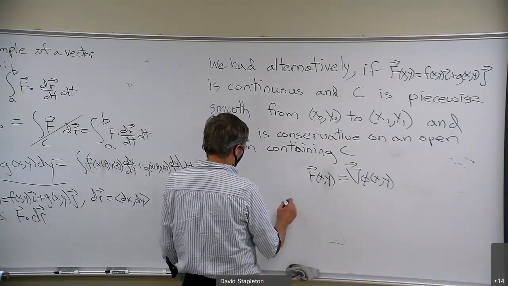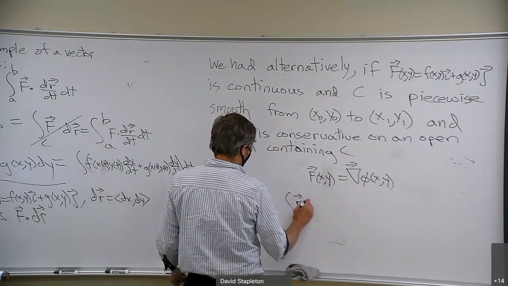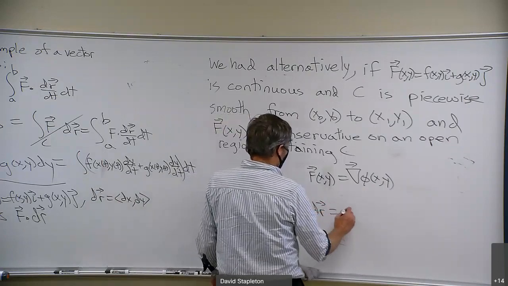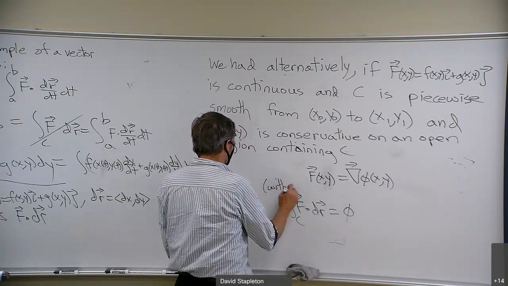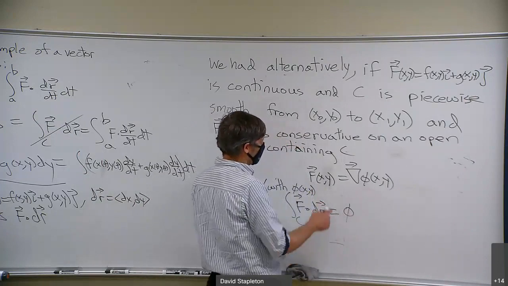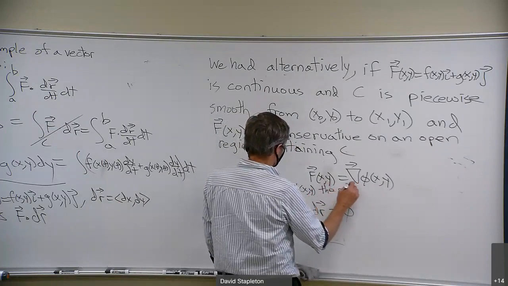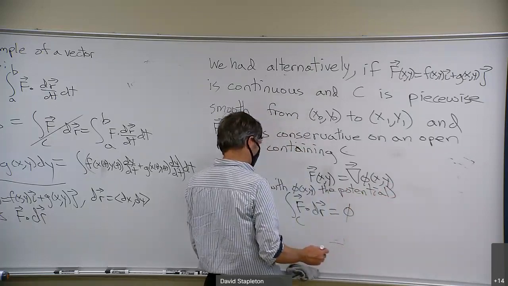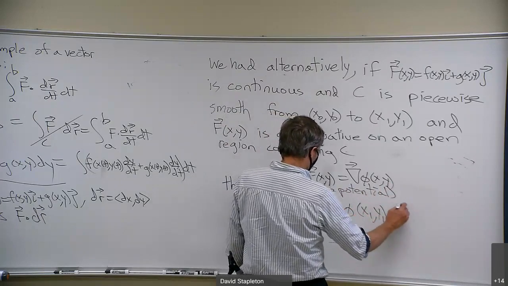And what you get is that the line integral in any one of those notations, I'll put F dot dr, but it applies to all three, is equal to the potential, which corresponds to potential energy in physics, at the final point minus the potential at the initial point. The line integral is just phi at the final point minus phi at the initial point.